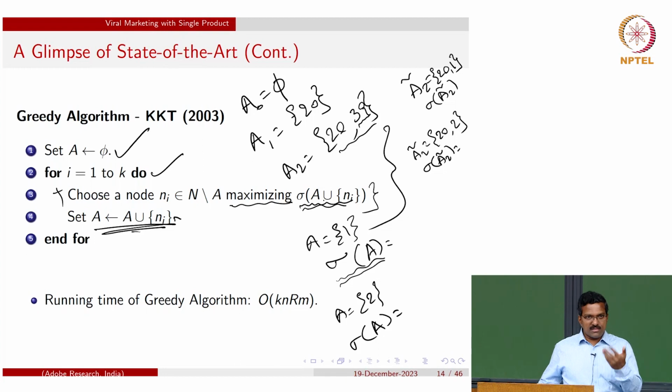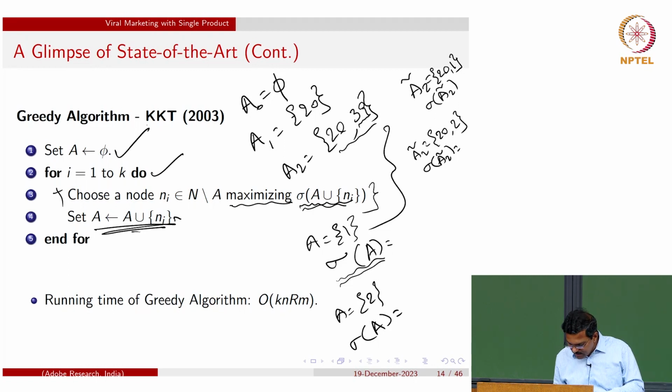Even for 100 nodes it is a significant calculation, but do you think only 100 or 1000 nodes would be there in social networks? In real-life social networks, millions and billions of nodes would be there. This calculation becomes very computationally expensive. Even though this greedy algorithm looks very simple, it's a polynomial time algorithm only. If the network size increases, it becomes a very hard problem.